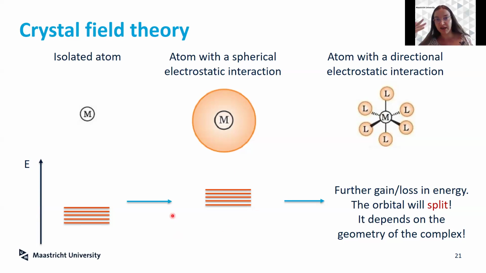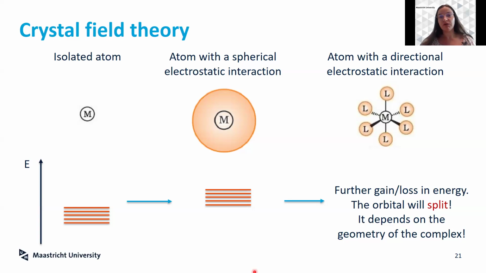They will be higher in energy than they would be if they were to be feeling nothing, but they cannot possibly feel this effect evenly. This means that the energy of the d orbitals is not going to be degenerate anymore. They will split one way or another. Some will feel this electrostatic potential more, some will feel it less. The orbital arrangement will split, and this will depend on where the ligands are approaching from. So this is what is called the crystal field theory.